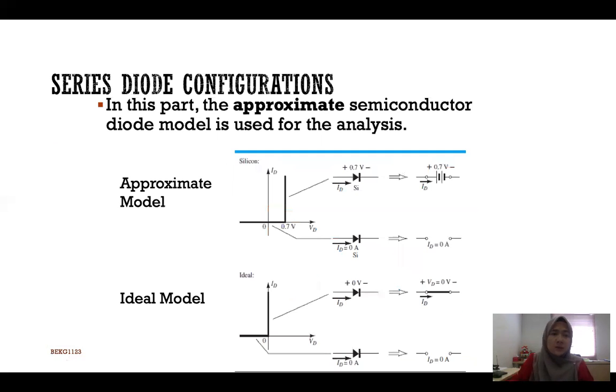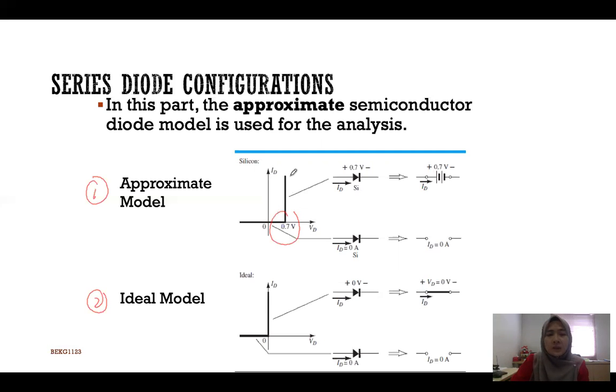Next, let's look at the series diode configuration. In this part, the approximate semiconductor diode model is used for the analysis. Basically we have two models for diode calculation. The first one is the approximate model. The second one we call the ideal model. If you still remember the diode VI characteristics, for the approximate model we have what we call the knee voltage over here.